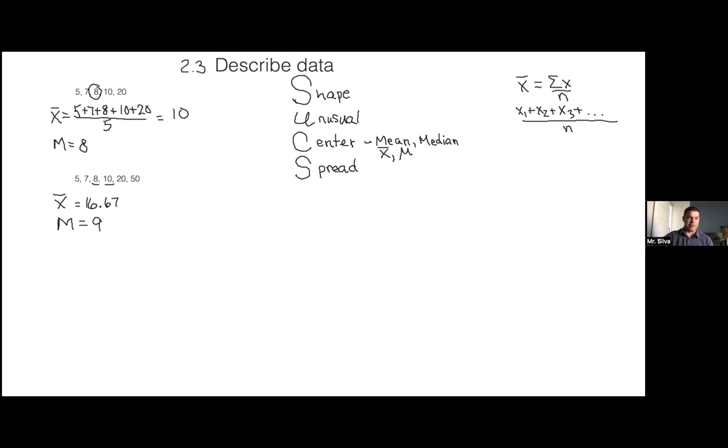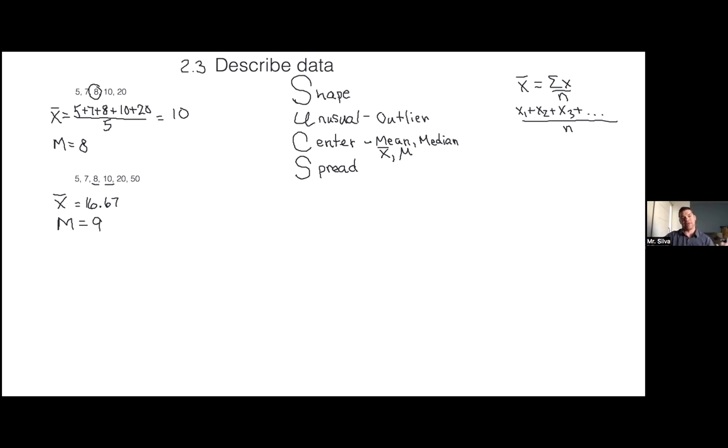And notice this number 50 over here. This number 50 is a really big number compared to the rest of the numbers. That's unusual. And the name for any unusual point would be an outlier. We have in chapter 2, section 5, a method of calculating outliers. But for right now, we just call it an outlier or possible outlier since we haven't calculated it.